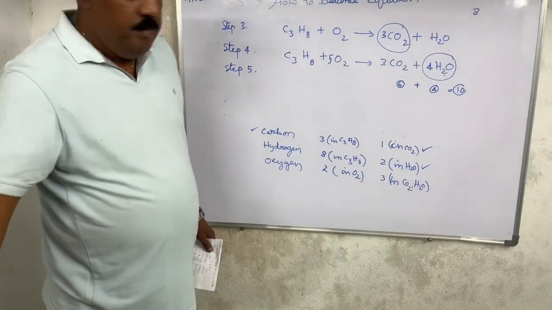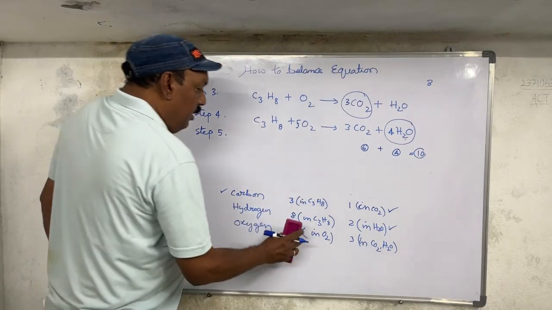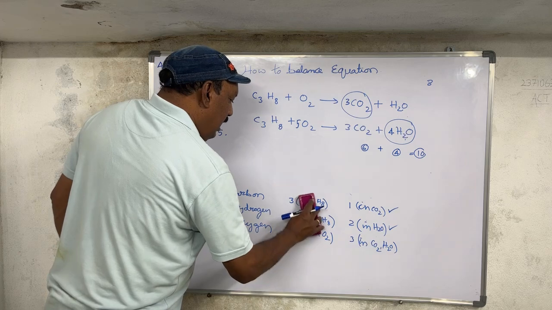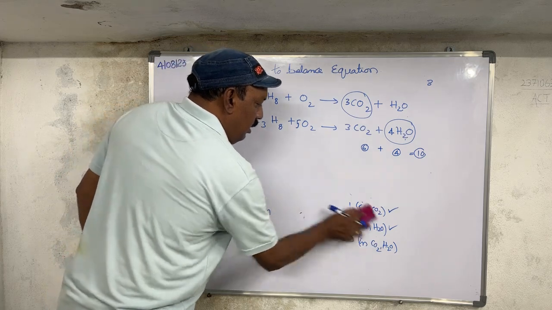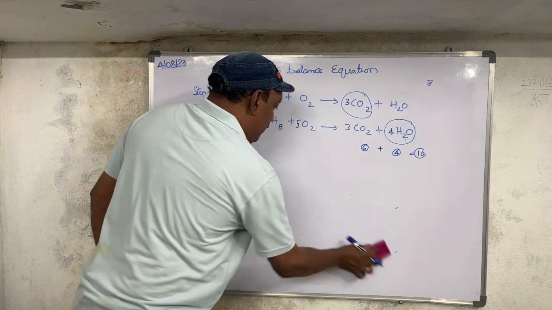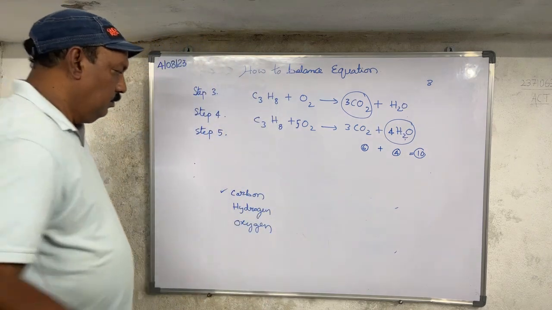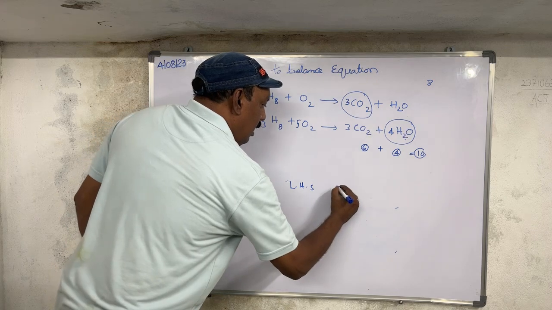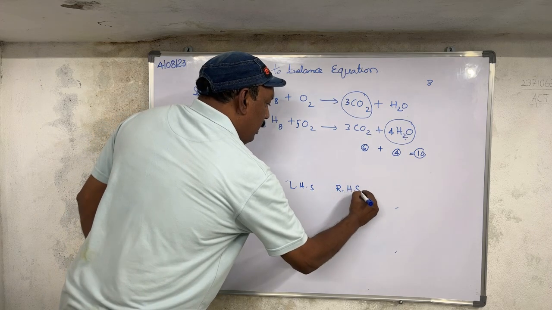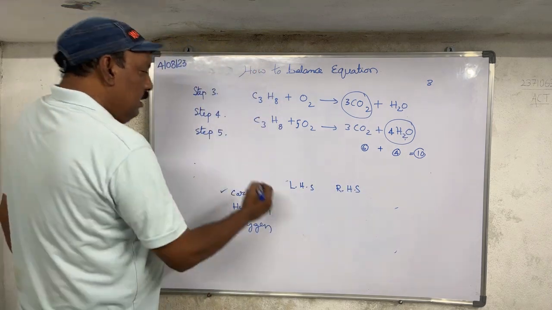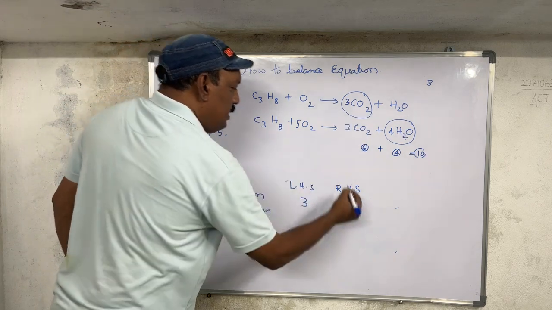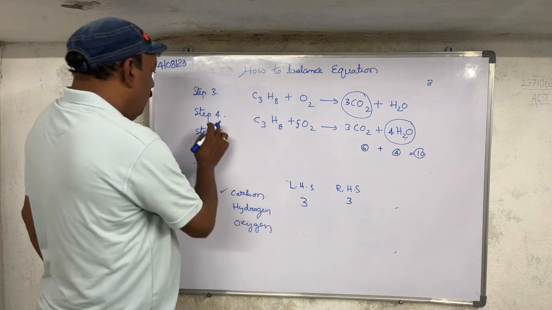Now what we have to do? After this step, you have to keep the situation in both left hand side and right hand side. LHS and RHS. Here carbons 3. Right hand side also 3.